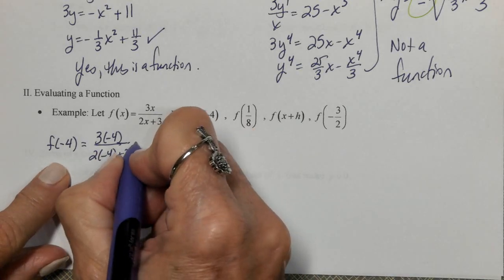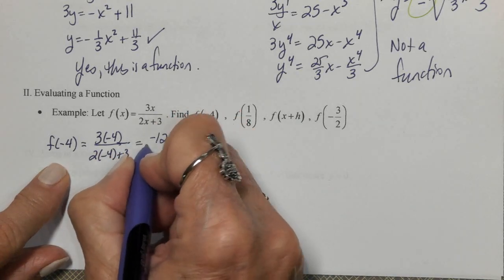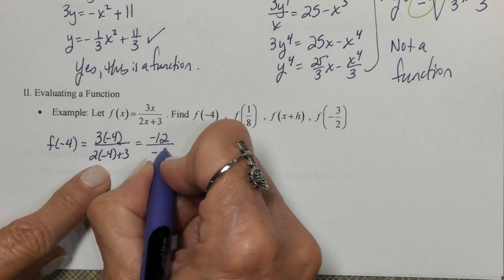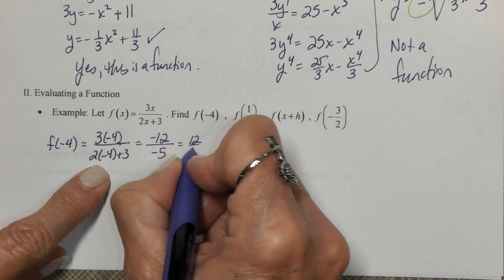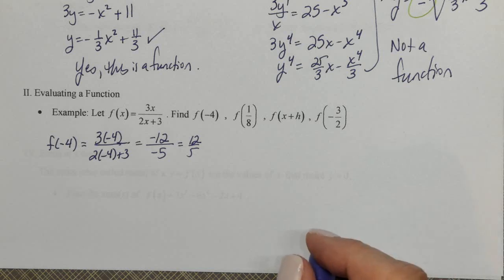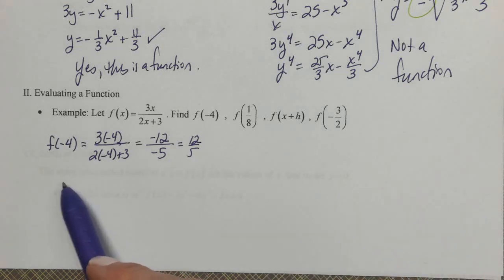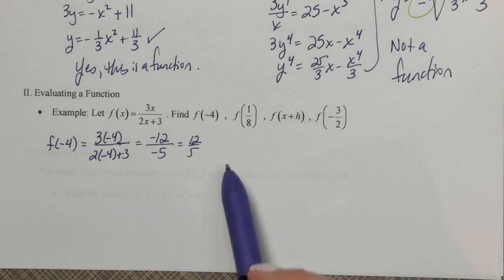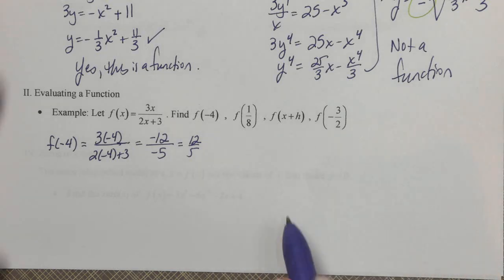And then we can simplify. -8 plus 3, so this would be 12/5. So when x is -4, f, or the y value, is 12/5.